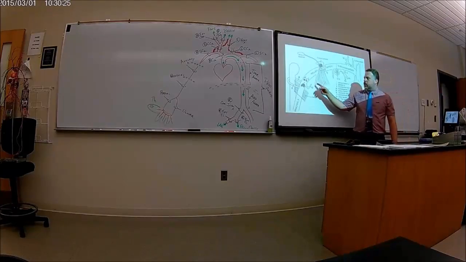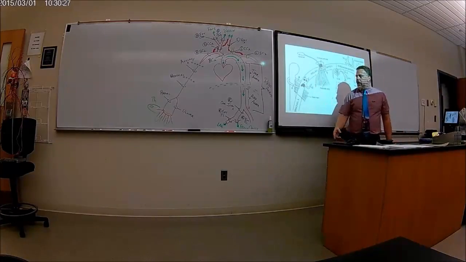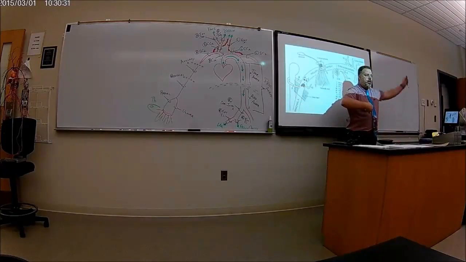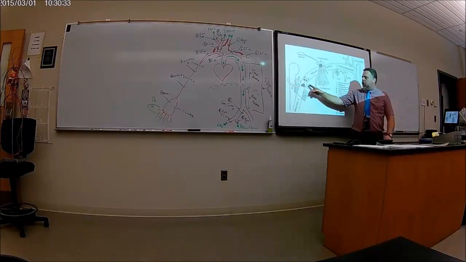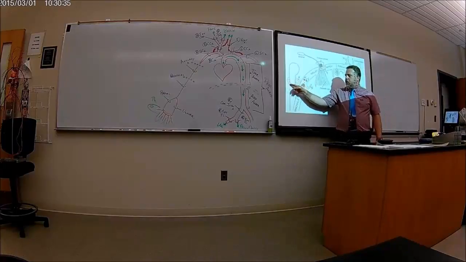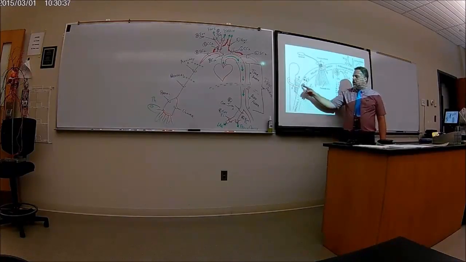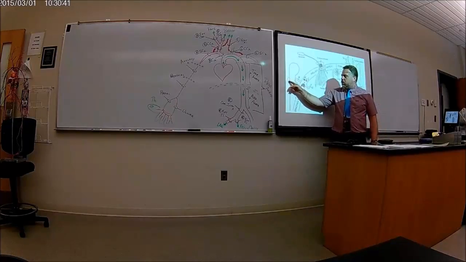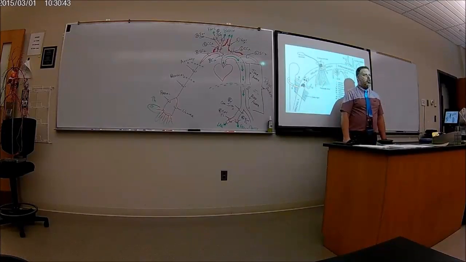Then it looks like this guy's falling. I'm falling, right? So he wraps his arm around the humerus. He said, look, I'm falling. You don't have to worry about this one over here, but he wraps his arm around here. This is what we call the posterior circumflex, and anastomosis with the anterior circumflex arteries.